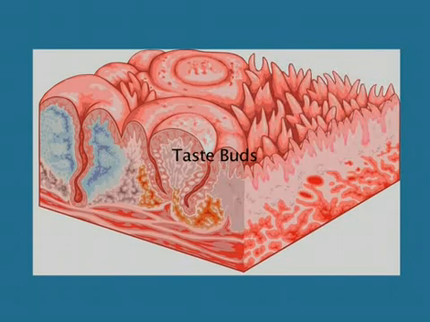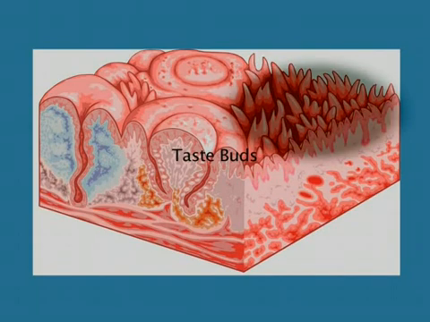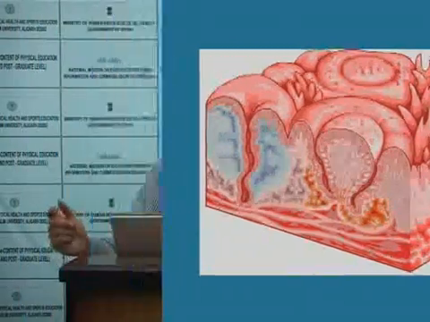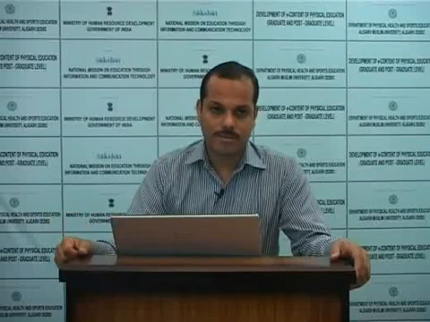The taste sensation from the anterior 2/3 of the tongue is carried by the chorda tympani nerve, and then proceeds through the sensory division of the 7th cranial nerve and terminates at the nucleus of tractus solitarius.